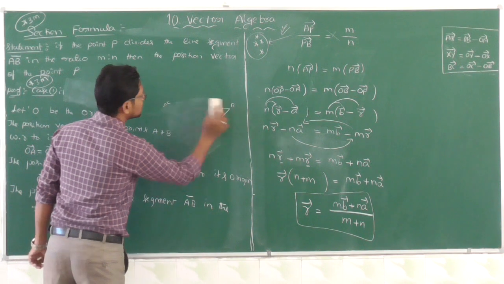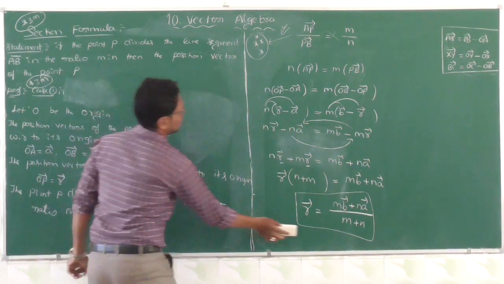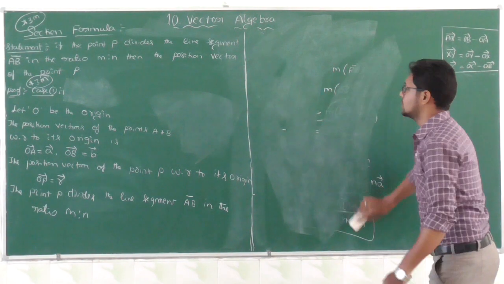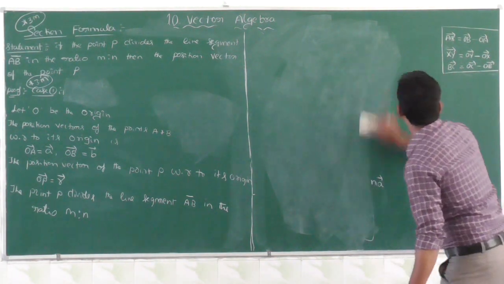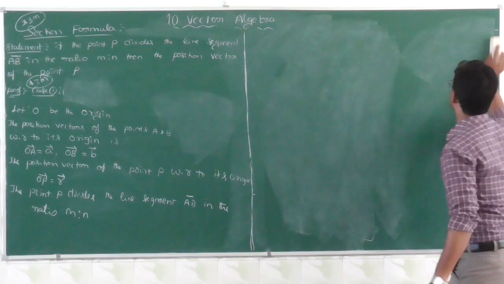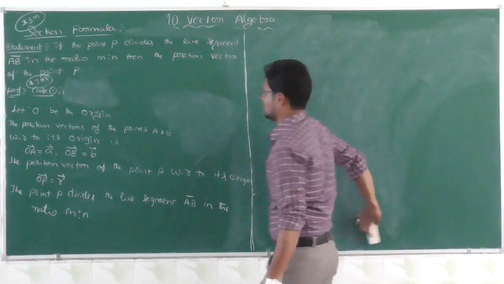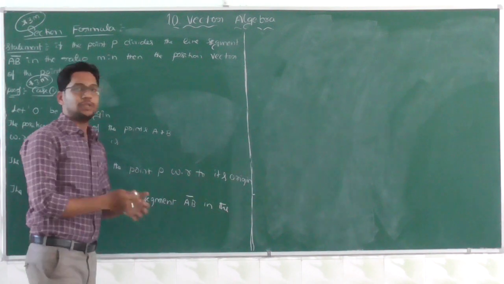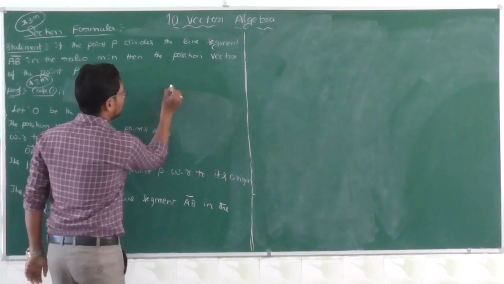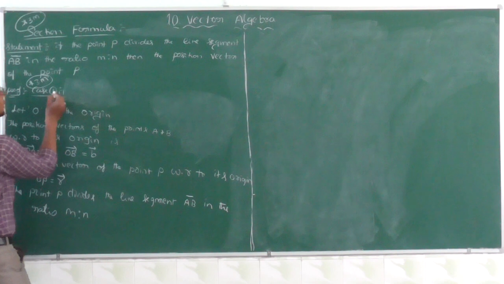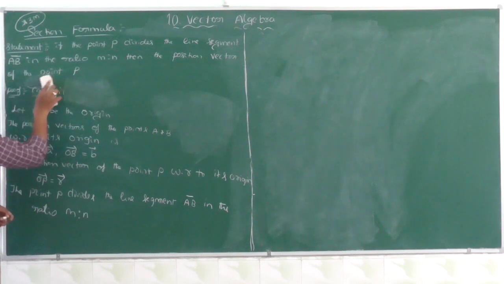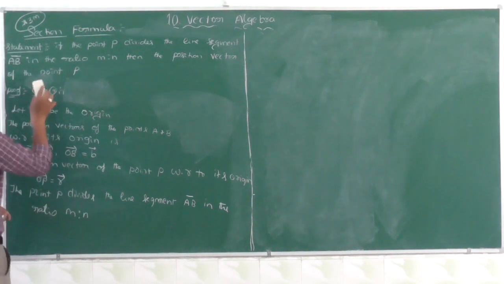For the second case, the explanation will be the same, only the diagram will change. You just see. Let it be the external case. This second case is not that important.